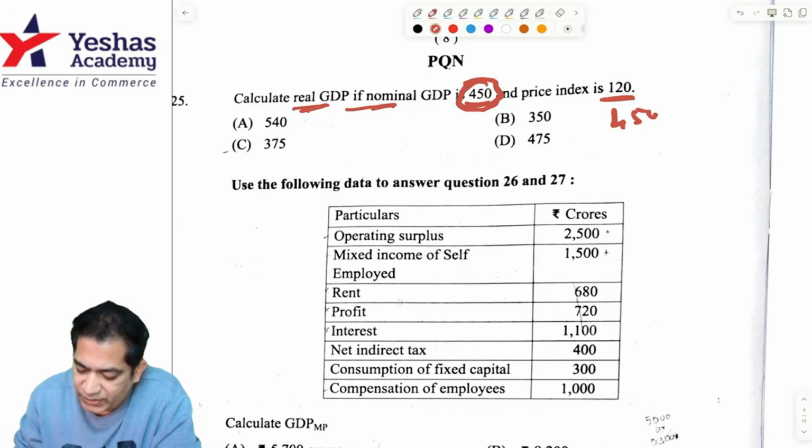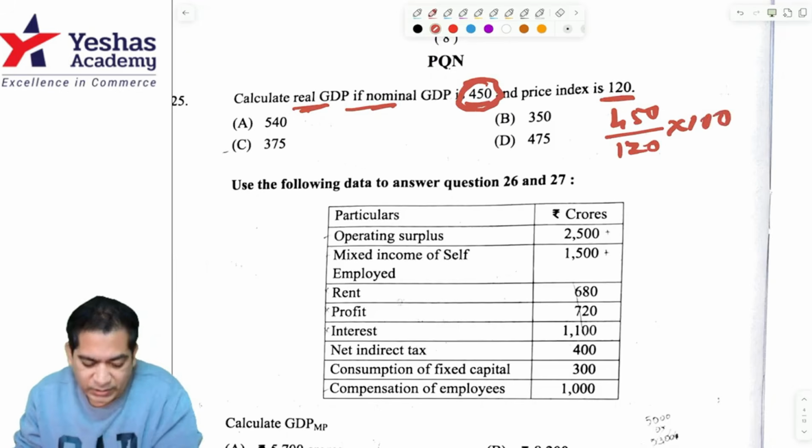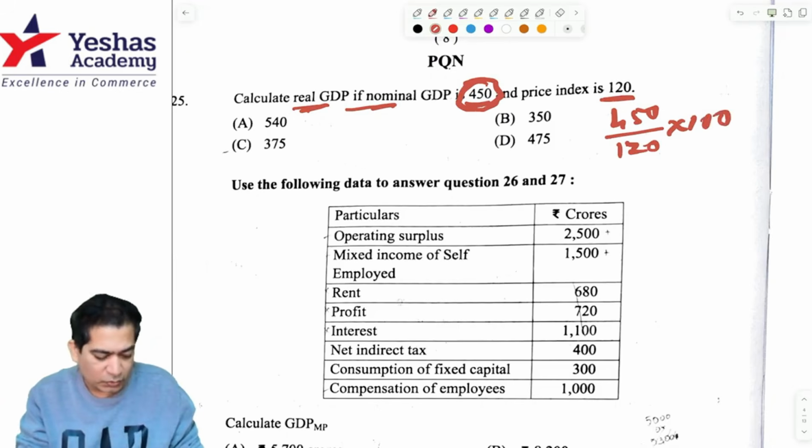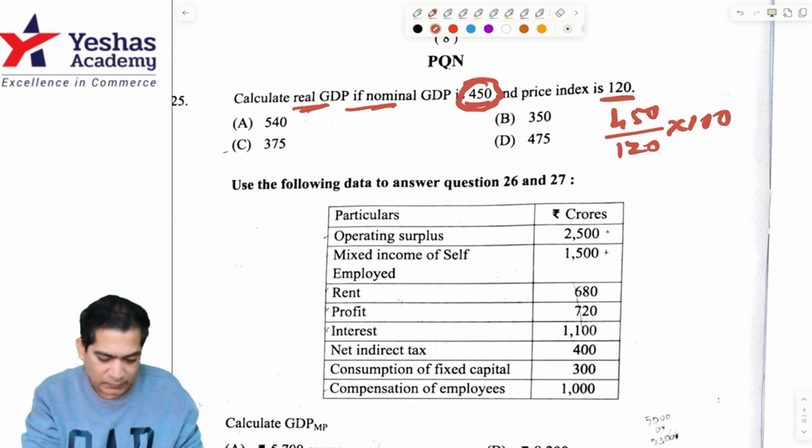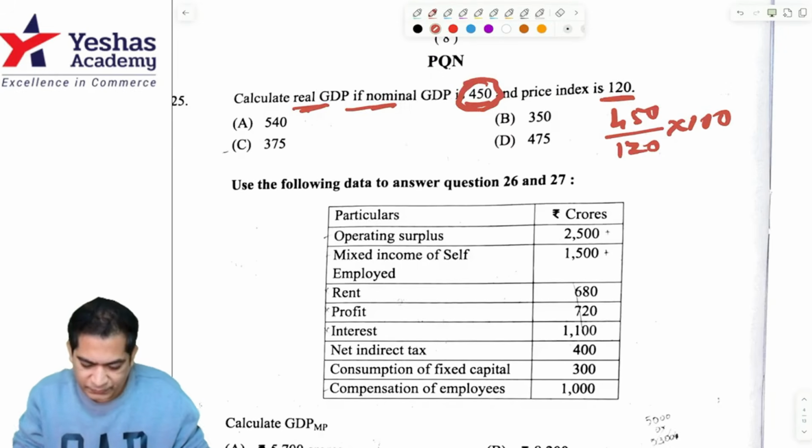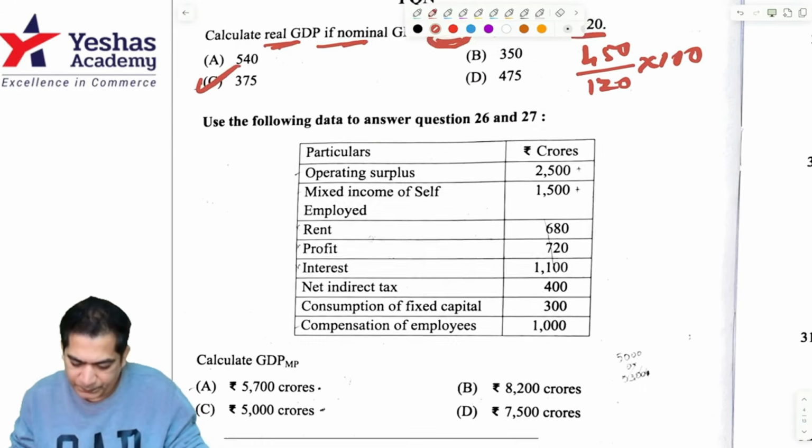So 450 divided by 120 into 100, that will be 375. C will be your answer.